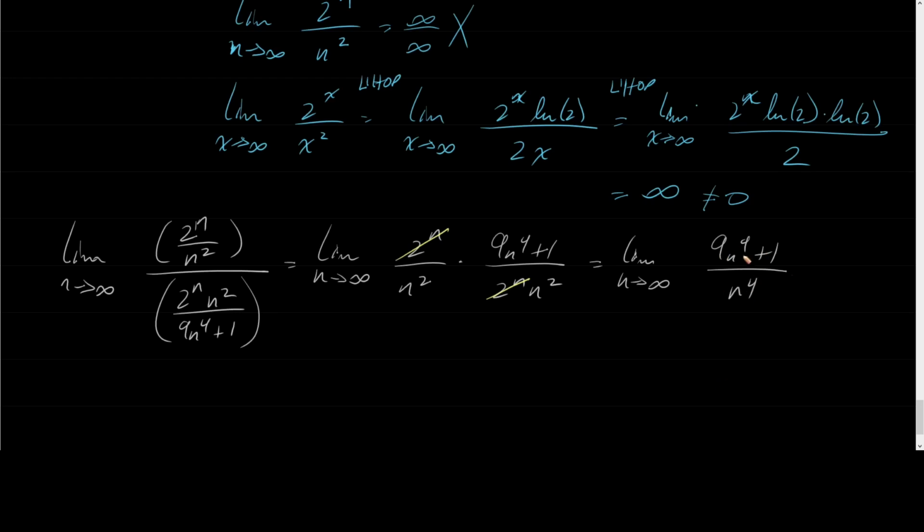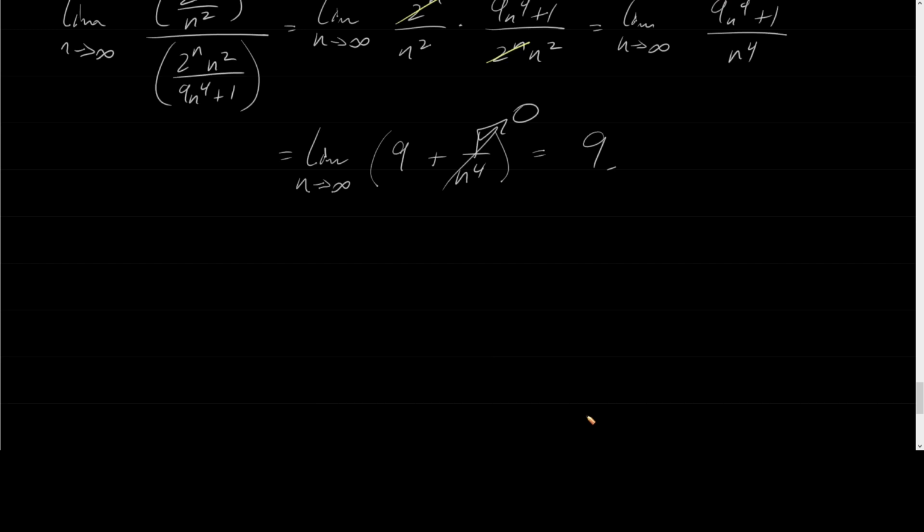If I split this up as two different fractions, that gives me the limit as n goes to infinity of 9 plus 1 over n to the fourth. As n goes to infinity, 1 over n to the fourth goes to 0, so overall this goes to 9. 9 is finite and positive, so both of the series behave the same way.